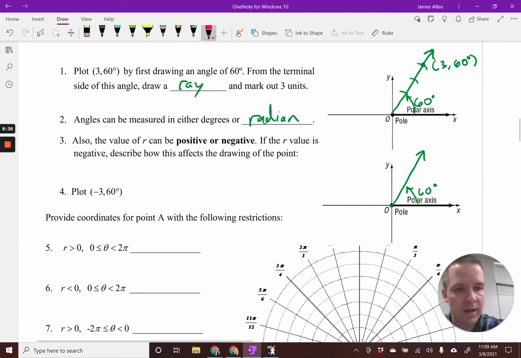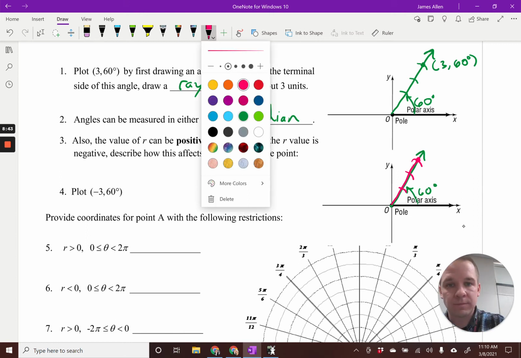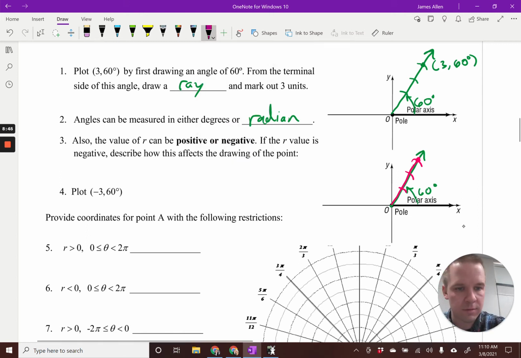Instead of going 3 out like I did before, 1, 2, 3, and landing here, I'm actually going 3 out this way, 1, 2, 3, and now that is my point, -3, comma 60 degrees.